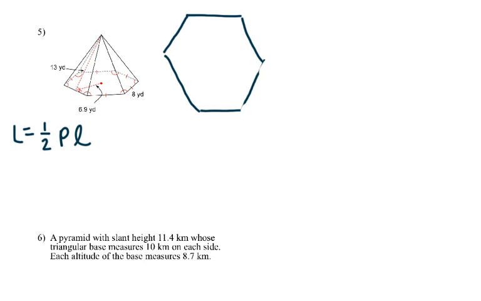All right, and let's see here. We have a base of 8. We have an apothem of 6.9. And so that makes our perimeter 8 times 6, which is 48. And our slant height was given, and it is right here, 13 yards.